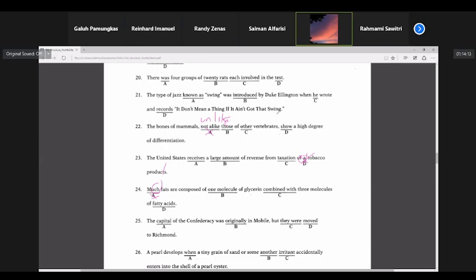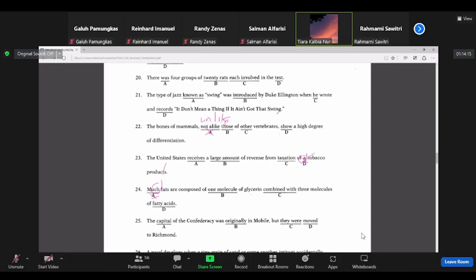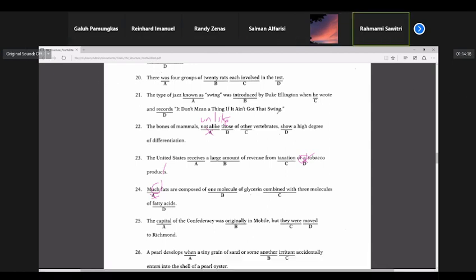A, B, C, D? C. Okay, the capital of the Confederacy was originally in Mobile, but they were moved to Richmond. So here, C is incorrect because we have "they were moved." What does this "they" refer to? The capital? No, it is singular. And then we have Confederacy?